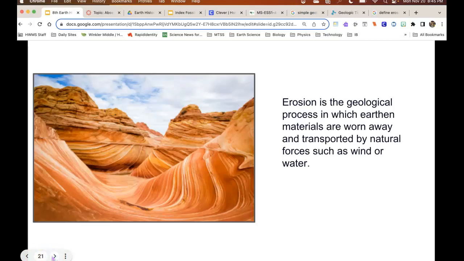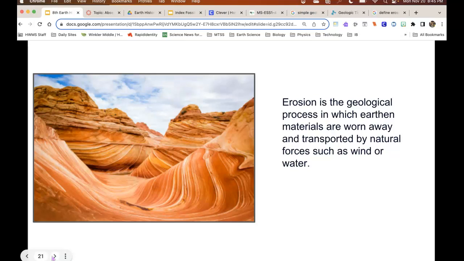The next thing is you have erosion. So erosion is the geological process in which earthen materials are worn away and transported by natural forces such as wind and water. We talked about this with our rock cycle last week. So right here we have an image where you can see some of the beautiful layers of the rock, but some of it has been worn away.